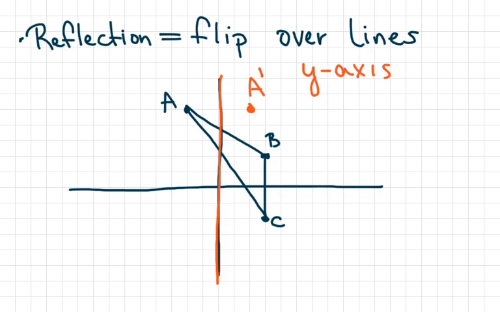If I take a look at B, B is 3 units away from the axis that I'm flipping it over. So I need to go 3 units the other way. So I will end up right here for B prime. And then let's do C. C is also 3 units away. So I want to go 3 units away in the other direction.